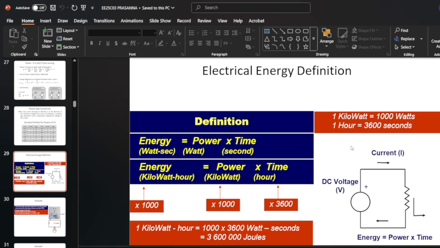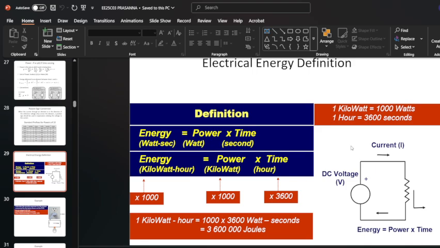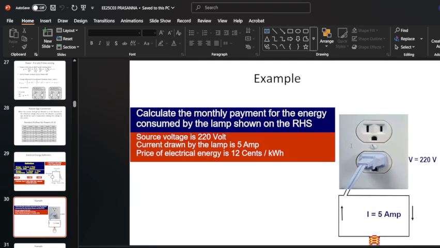We multiply to get 3,600,000 joules, that is the energy. 1 kilowatt hour means 3,600,000 joules, that is 3 million 600 thousand, not 3 lakh.